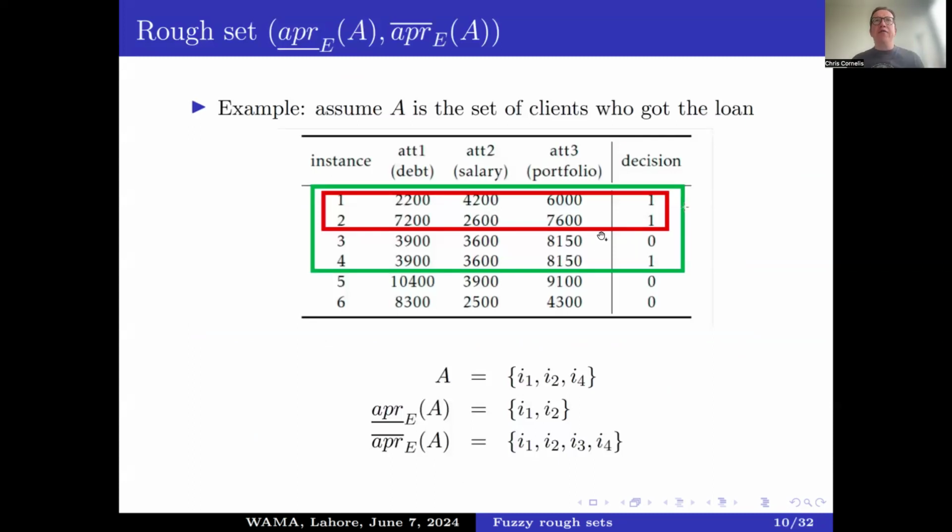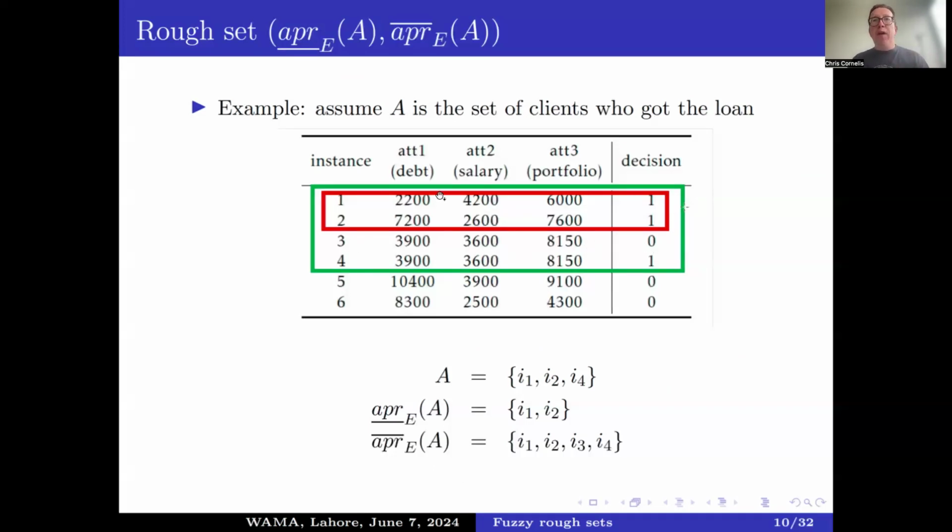If we apply that to our example, the first kind of inconsistency which I mentioned before, that means the set A would be the set containing instance 1, 2, and 4, because they are the ones that got the loan. The lower approximation will not contain instance number 4. Why not? Well, because it is indiscernible from number 3, which does not belong to the concept.